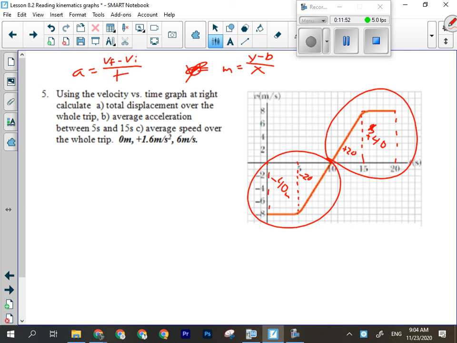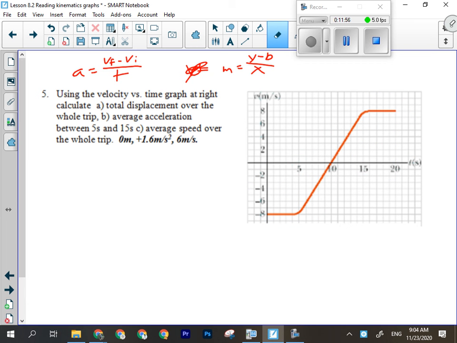Essentially, what you're doing for part B is calculating the slope of that line, but you're doing it with this formula instead of with m equals y minus b over x, because you don't have b. That line doesn't intersect with the y-axis, right? So you would use this formula instead: final velocity minus initial velocity divided by time.